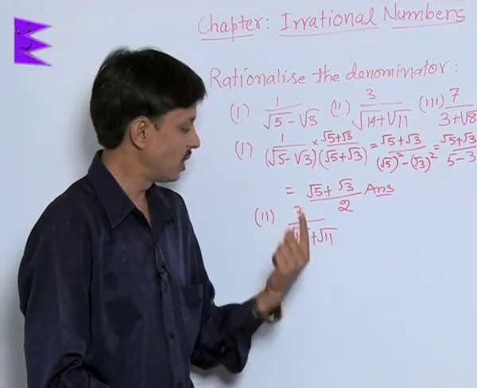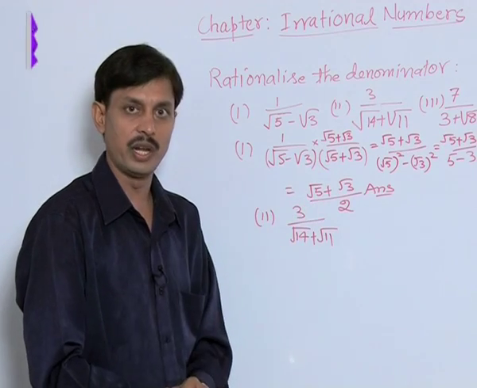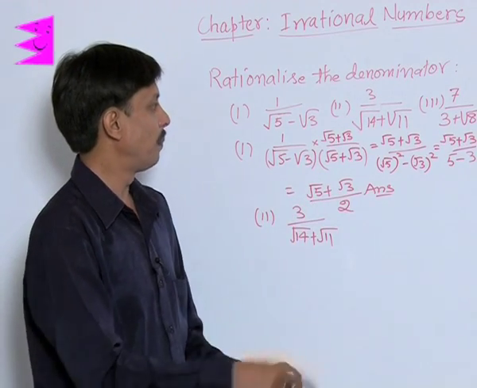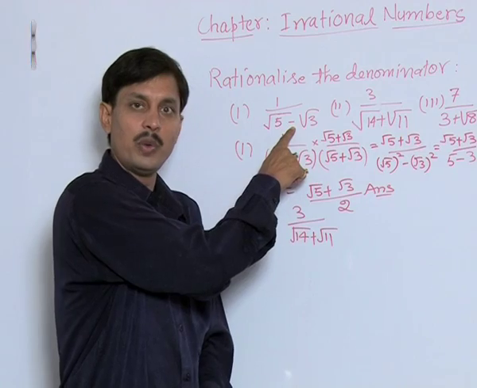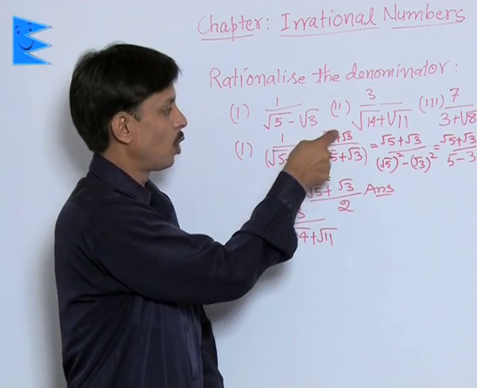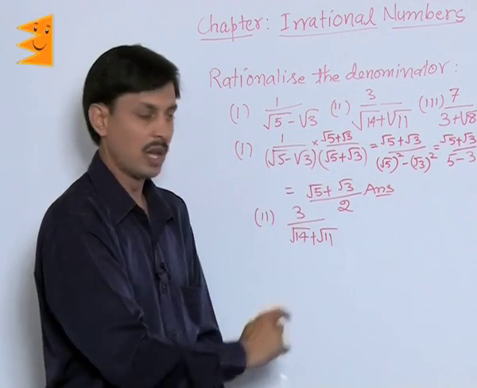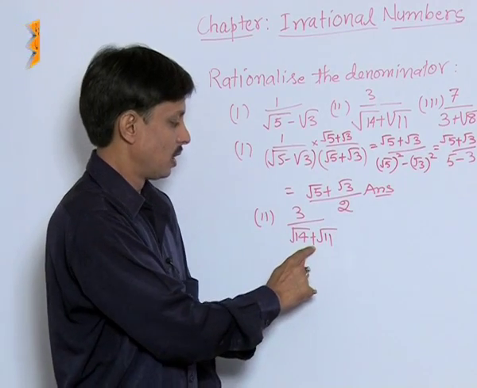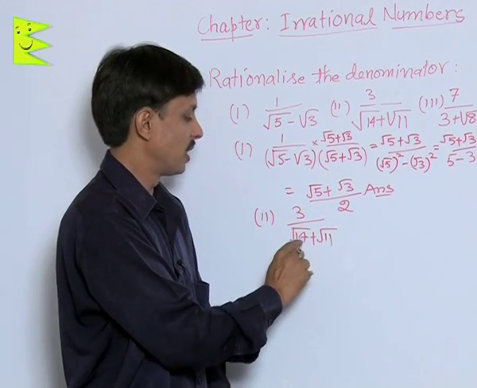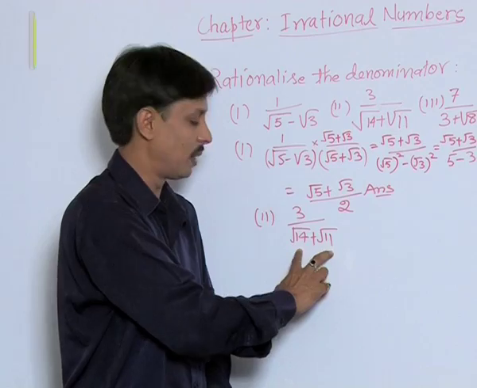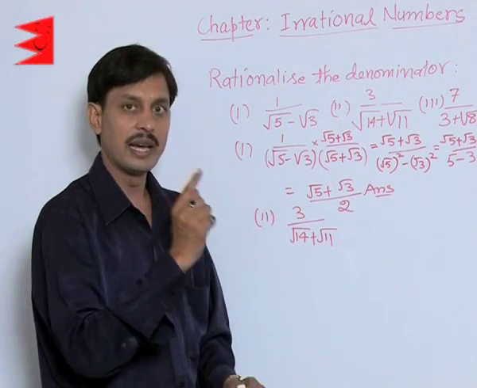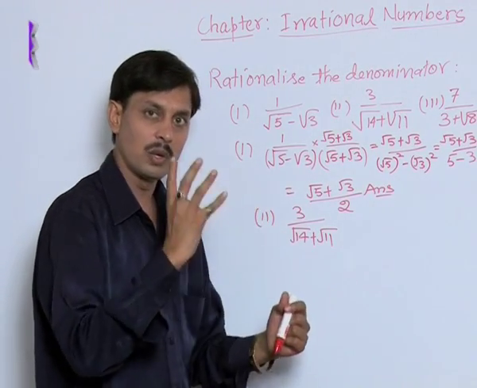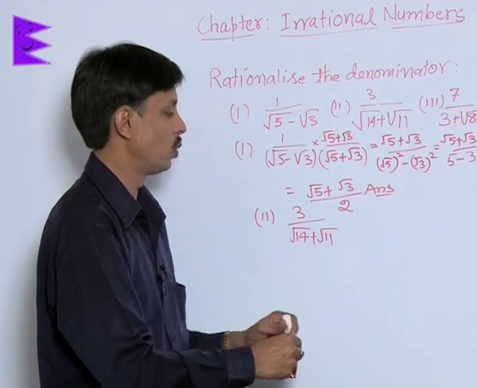We find the conjugate. In the previous example, the sign between the two terms was negative, so the conjugate was taken as positive. Here in the second example, the sign between root 14 and root 11 is positive, so the conjugate will be root 14 minus root 11.